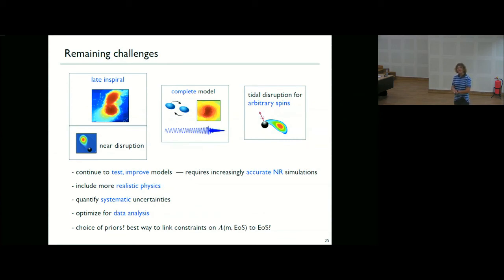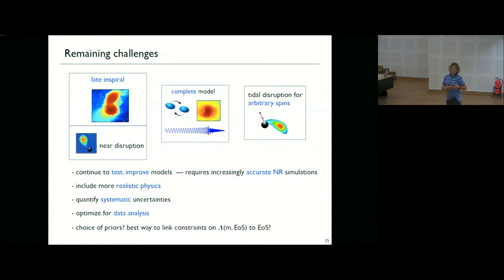And also the tidal disruption for highly spinning systems. Currently, there is a model for tidal disruption, but just for moderate aligned spins, so that could be improved. Then, of course, one has to continue to test and improve models. That is crucially dependent on having increasingly accurate numerical relativity simulations.